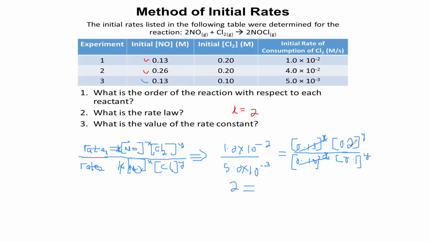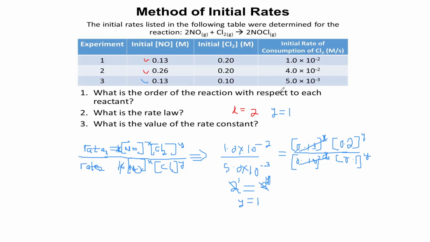And then 0.2 divided by 0.1, we are also going to have 2, power y, 2 power y. So here is the same thing as power 1. So this one will now cancel this. So we now have y is equal to 1. So x here is equal to 2 and y is equal to 1.